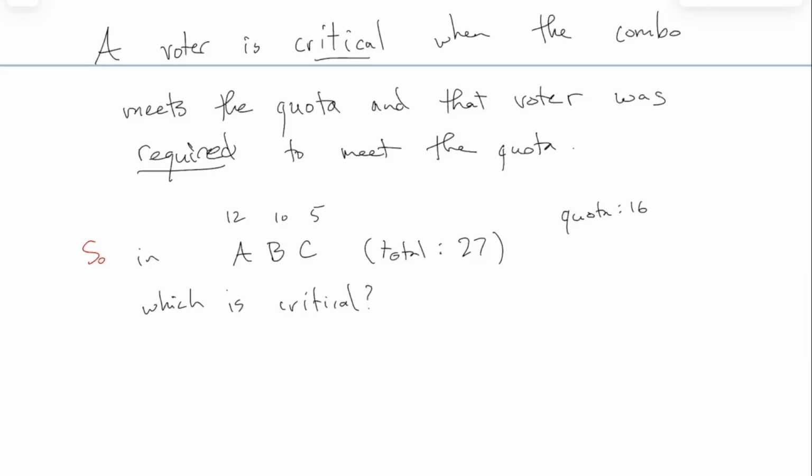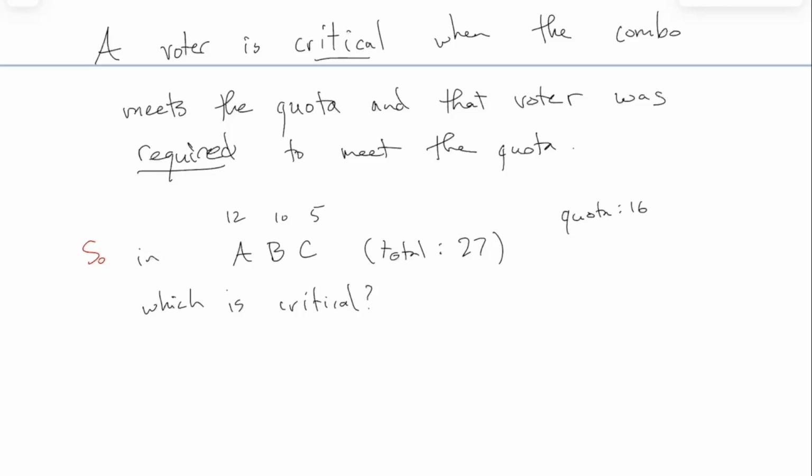You need to ask yourself, these three added up to 27, which of course is more than the quota, but is each one of them actually necessary in order to make it to 16? For instance, what about C? Do you really need C to make it to 16 in this case? I say no, because we had 27. If I take C away, that's only 22, but that still makes the quota.